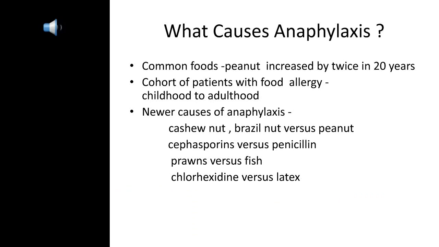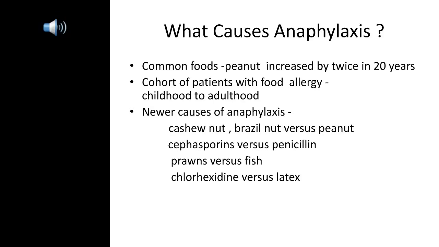Now, one of the things I need to emphasise in this business of allergy is that it's a moving feast. In terms of anaphylaxis, we used to have peanut anaphylaxis, and this has vastly increased in the last 20 years.